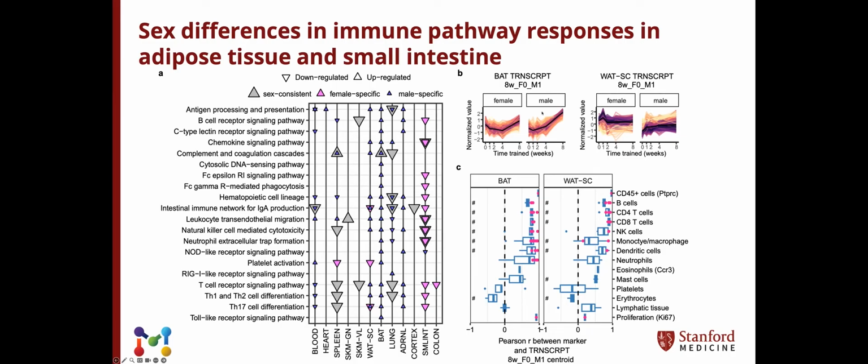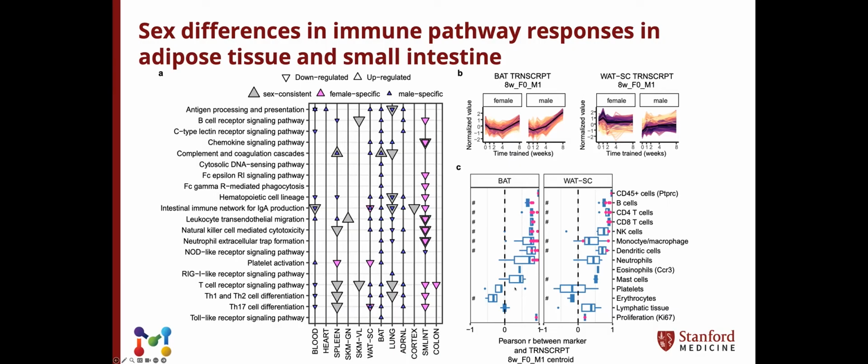You can see some of the individual trajectories here for brown adipose, as well as white adipose, between males and females. We also looked at the different cell types to do a correlation. So this plot to the right here is based on a correlation between markers of immune cell types and the features that you can see here from a transcriptomic perspective.